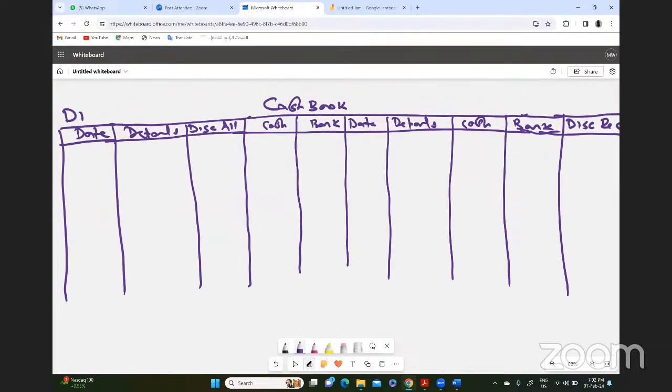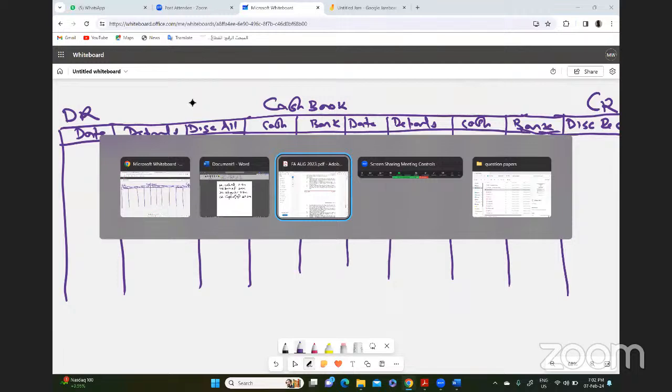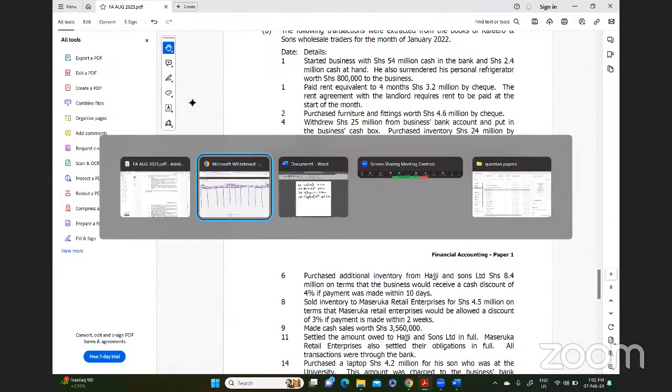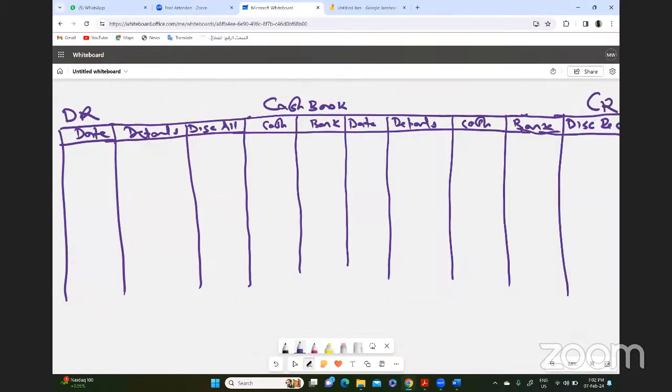So we shall have a debit this side and a credit. My figures are a bit bigger, so me, I'm going to round all my figures to thousands. So my cash book is going to be in thousands.